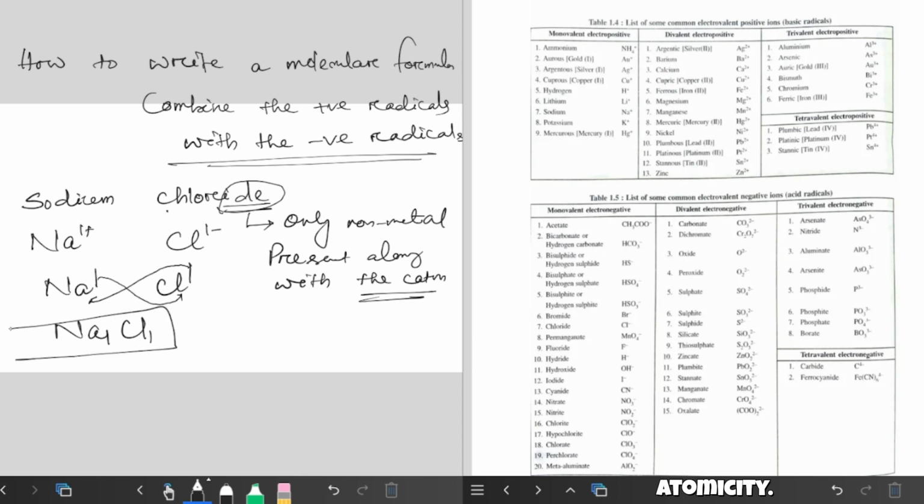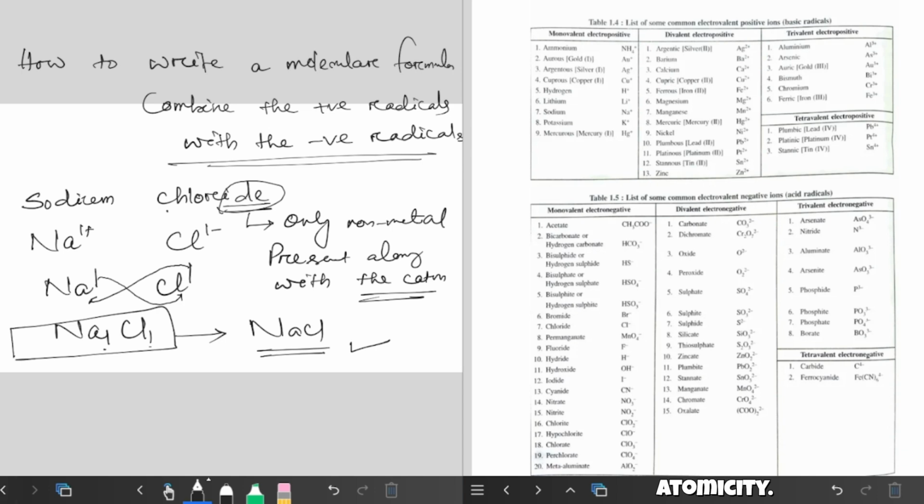Finally we write NaCl, because the two subscripts are the same and their HCF is 1. Dividing 1 by 1 gives 1, and dividing the chlorine subscript 1 by 1 also gives 1. Hence the molecular formula is NaCl.